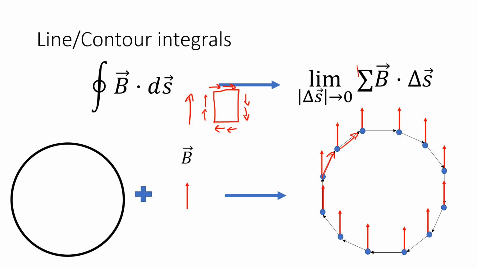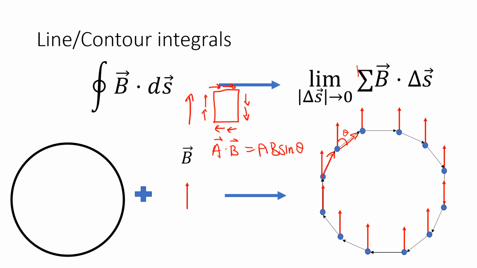And whenever we take the dot product, it's either 0 or just the magnitudes multiplied by each other. Because otherwise, in general, there's some non-zero theta, where a dot b is ab cos theta. So for any general contour, it might be hard to figure out.